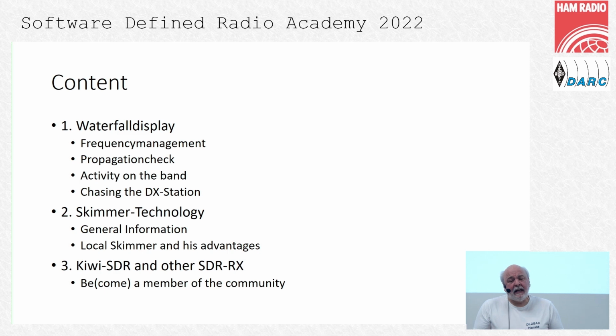These are the 3 parts of my talk. I will show you things about the waterfall display, which is the main impact which gave us the SDRs. I will give you a short introduction into the skimmer technology, also to local skimmers and other possibilities using SDRs.